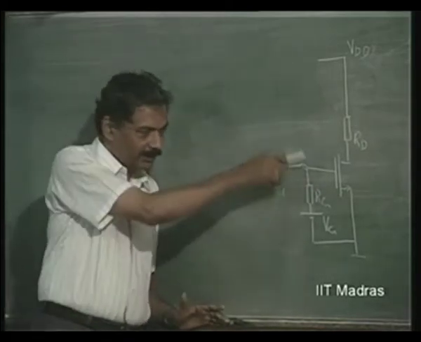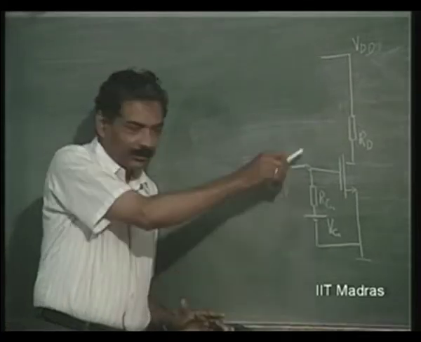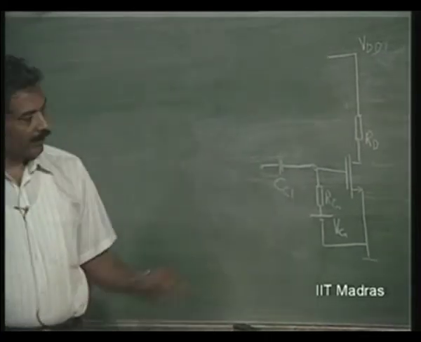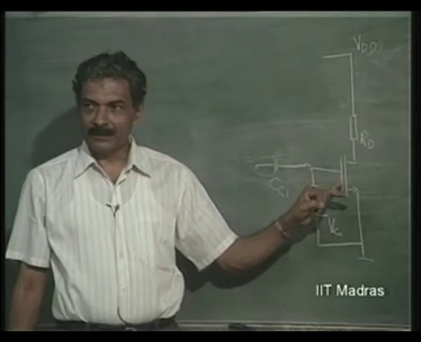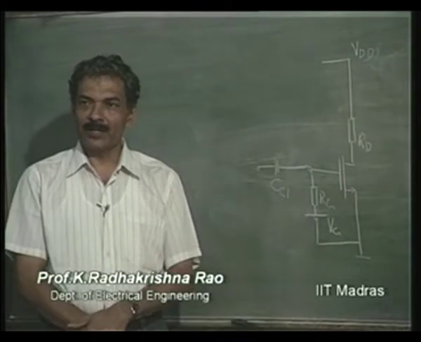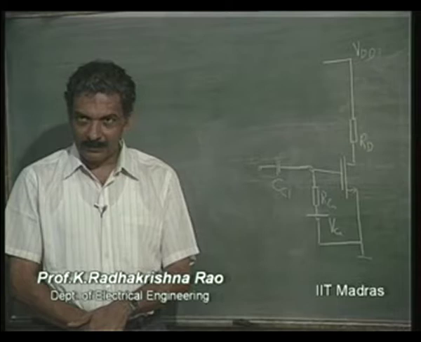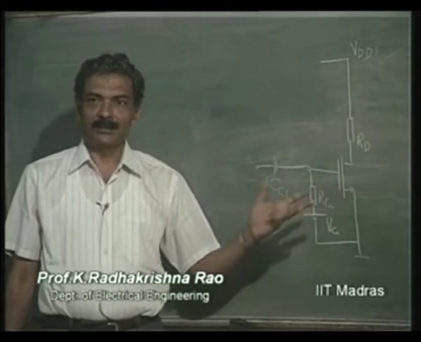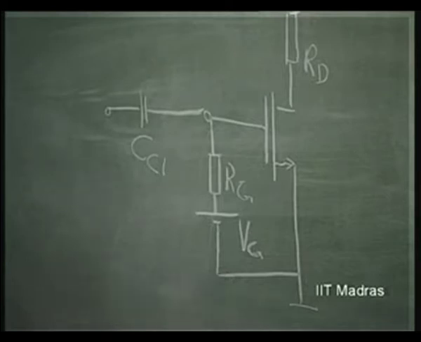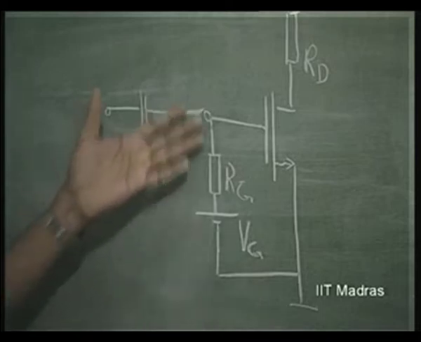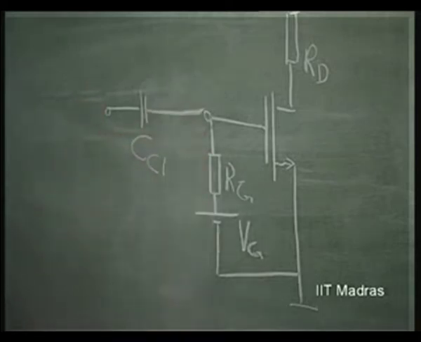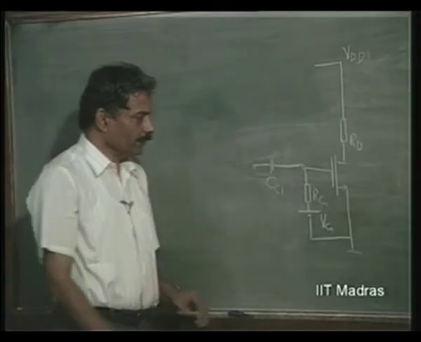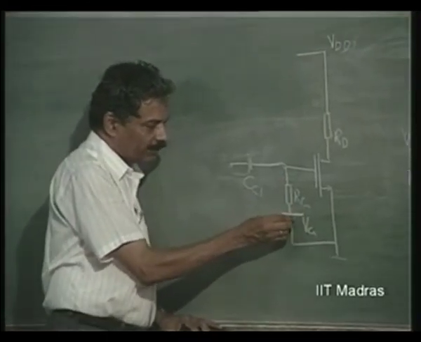It is this impedance which will dominate. So, in the gate of a MOSFET, you can put resistances of the order of mega ohms if they are readily available. In the gate of a junction field effect transistor, since junction resistance is of the order of tens of mega ohms, you better put resistance of the order of hundreds of kilo ohms. So, this kind of design we have to remember here.